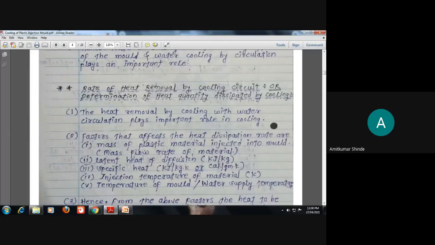Then we have discussed determining the heat quantity removed during the cooling by conduction and convection, and how actual heat removal occurs in the cooling of a plastic injection mold by convection. Then the rate of heat removal by the cooling circuit, or heat quantity dissipated by cooling.